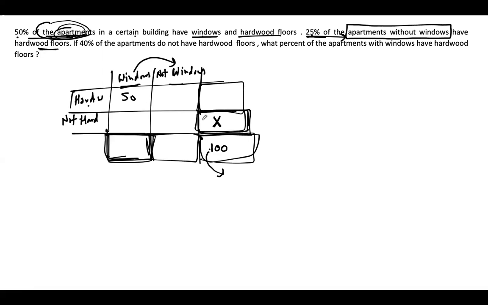One by 4 of X. That would be the not windows, hardwood floors box, so it should go down.